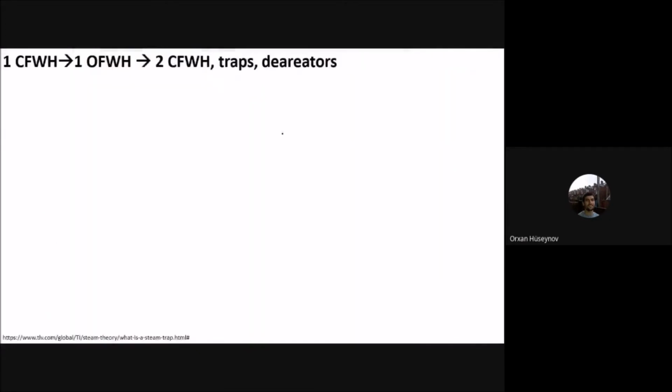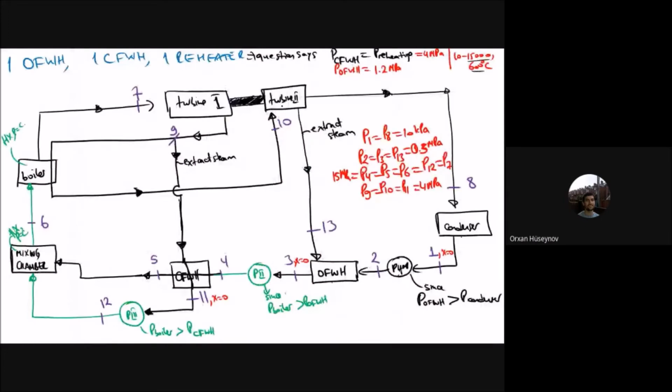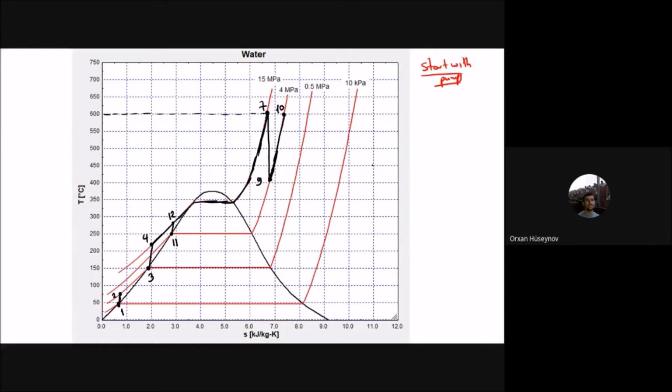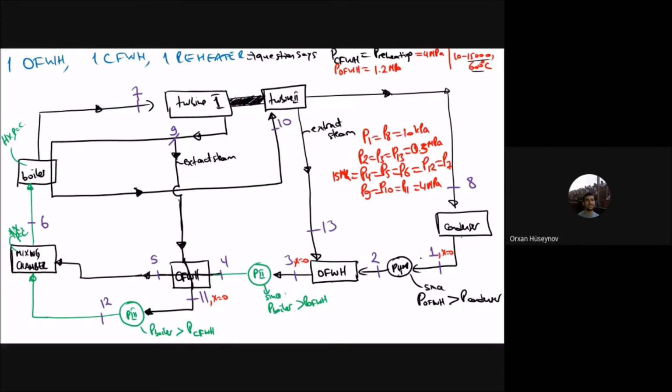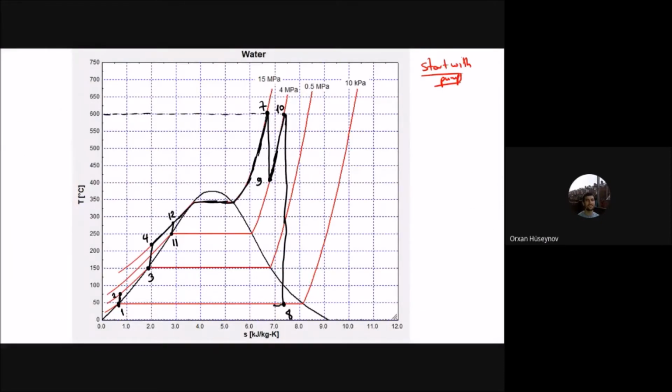And then from state 10, you go to turbine 2, and that turbine 2 is doing an isentropic work, and it becomes the inlet of the condenser here, which is 8. So just onwards here. And then you will have this cycle here, which is that 8. And then from 8 to 1, you will have this condenser.